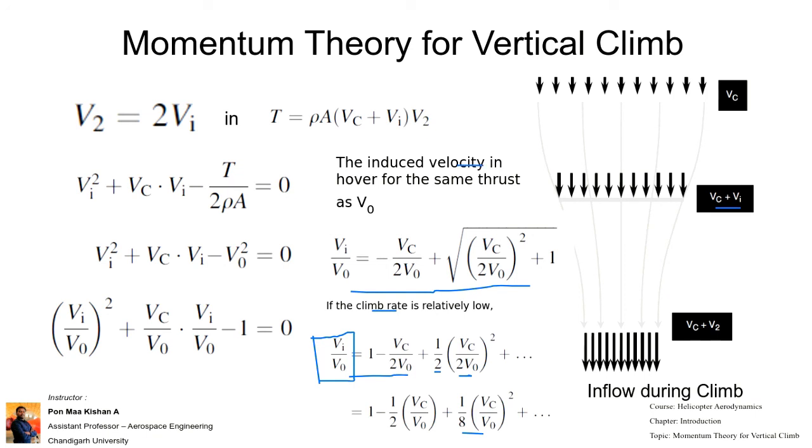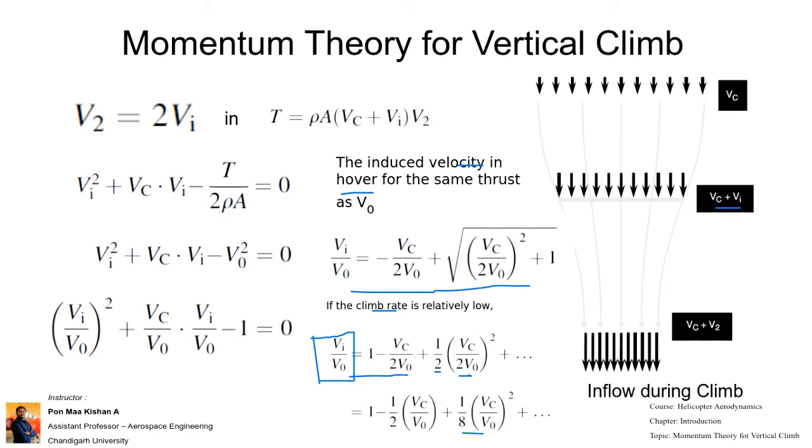The ratio between the induced velocity during climb and during hovering is called the coefficient of induced velocity during climb. That's why we need to calculate the induced velocity ratio.